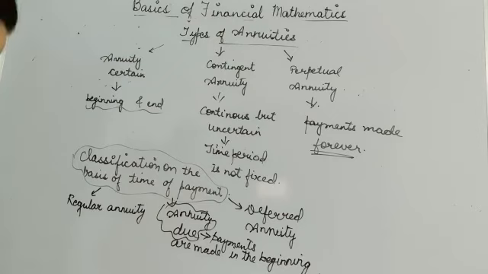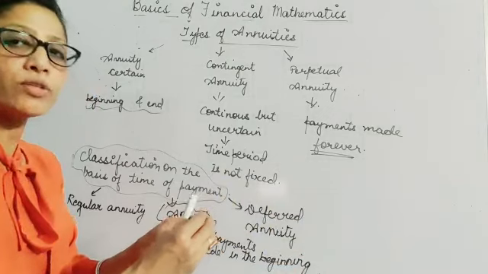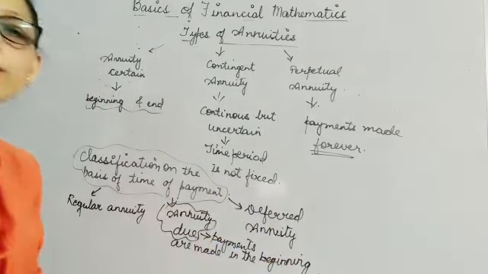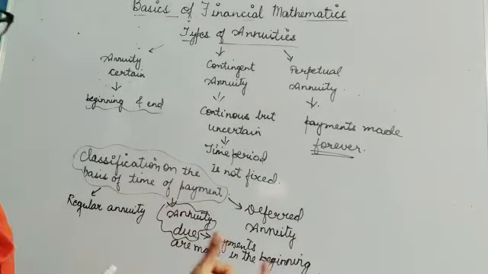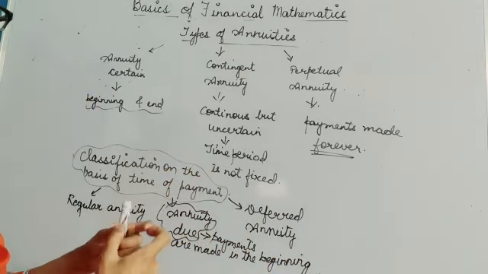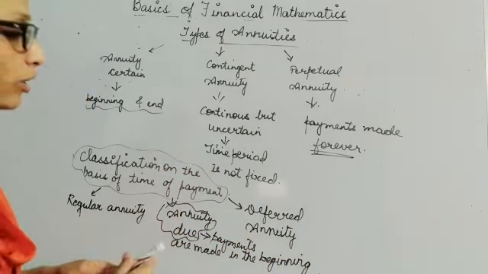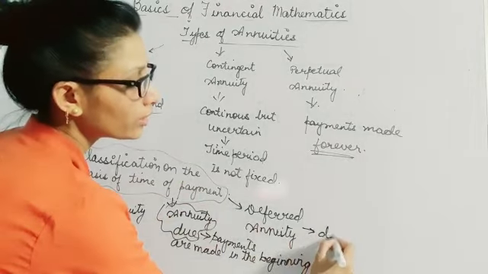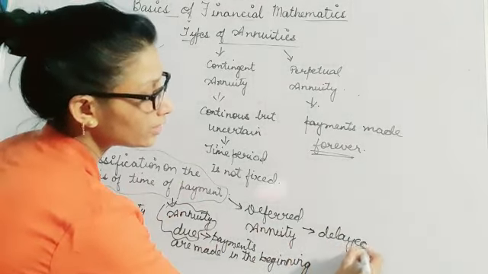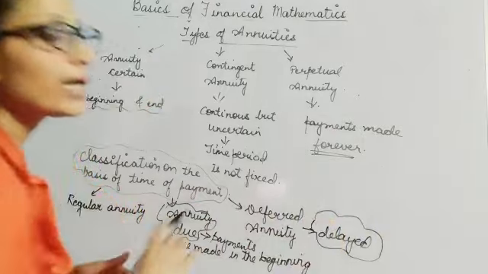When a person starts a new business, the bank allows the businessman to repay the loan after a certain time. That means he has been given some time period to pay that particular amount. So the first installment has been delayed. So deferred annuity is where your first payment is delayed. So this is your delayed annuity.